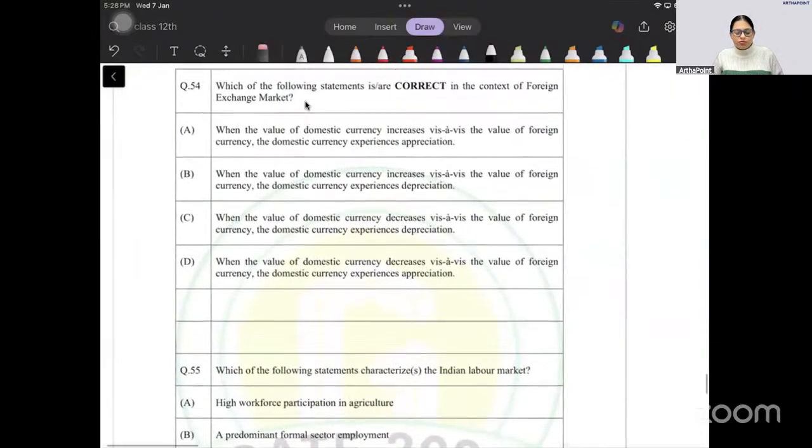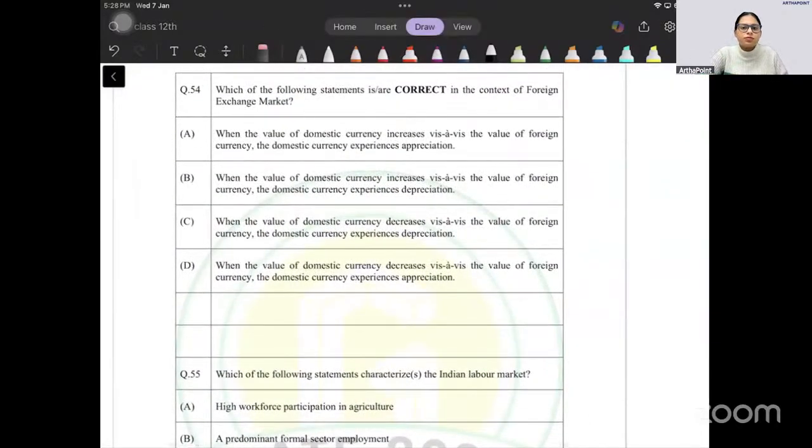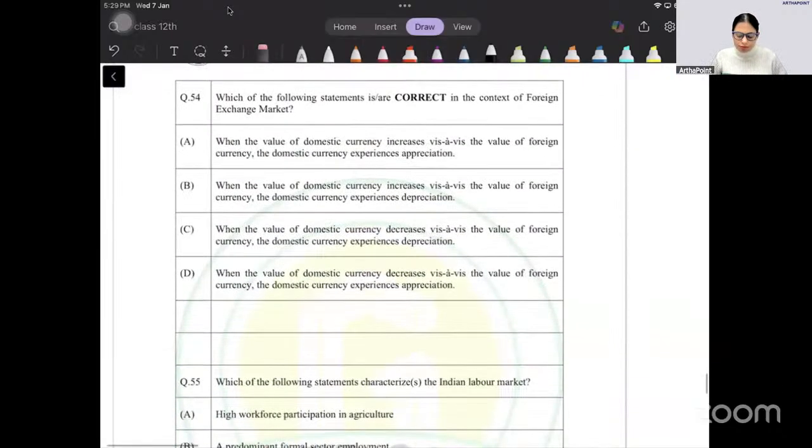Okay, next question. Question number 54. Which of the following statement is or are correct in context of foreign exchange market?